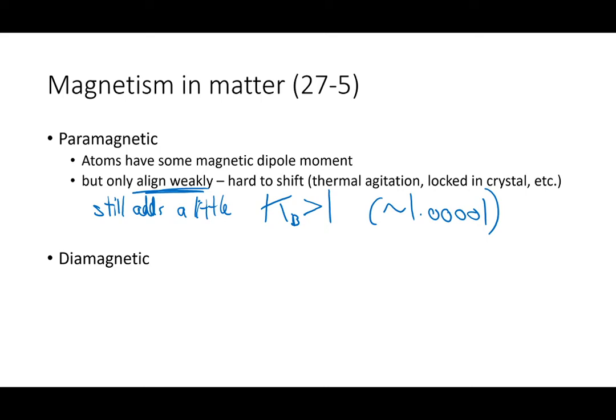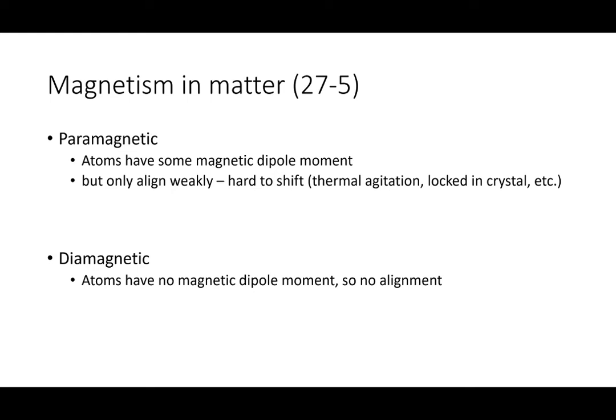Then there's another case called diamagnetic, and in those cases, the diamagnetic atoms have no moments at all. No dipole moment at all. So no matter what happens, there's no alignment, and then you might think, oh, it acts just like a vacuum then. But unfortunately, there is another small effect that comes up. In the absence of the alignment, this other effect called Faraday's law comes into play and becomes significant because nothing is bigger than it.